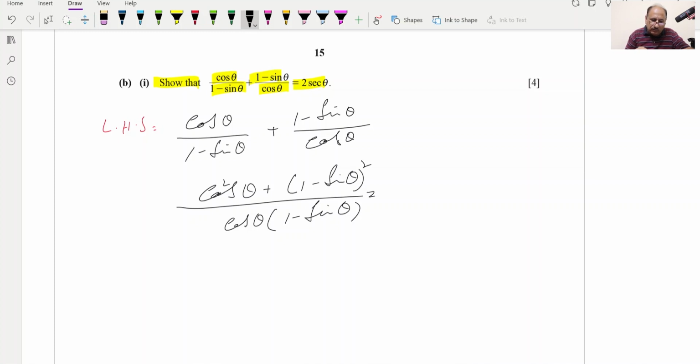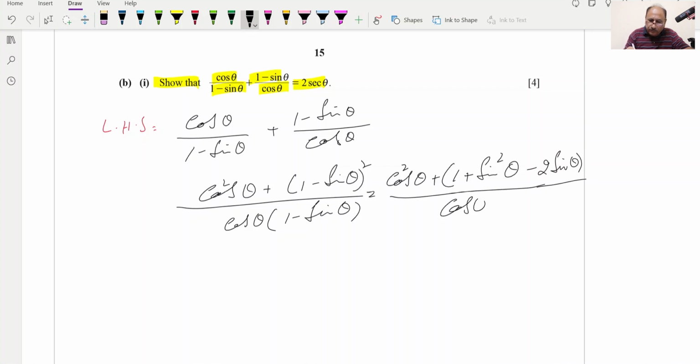We open the square of the numerator, so it will be cos square theta plus 1 plus sine square theta minus 2 sine theta, divided by cos theta into 1 minus sine theta.